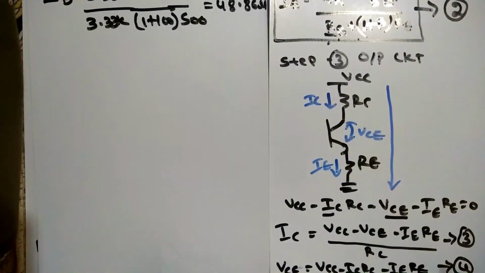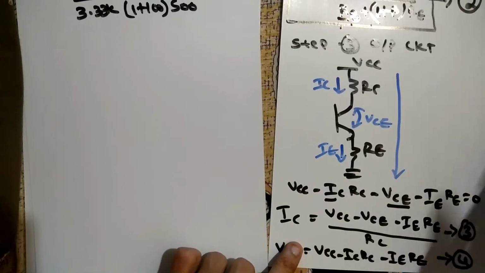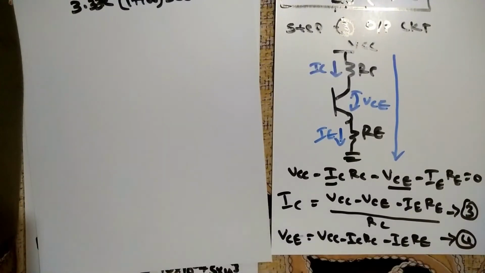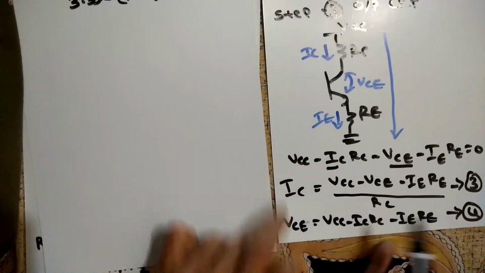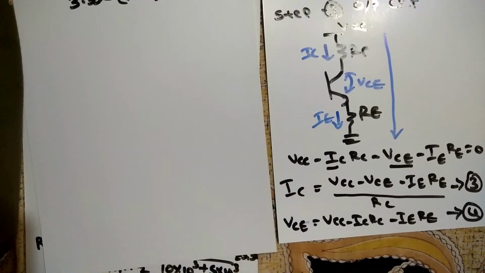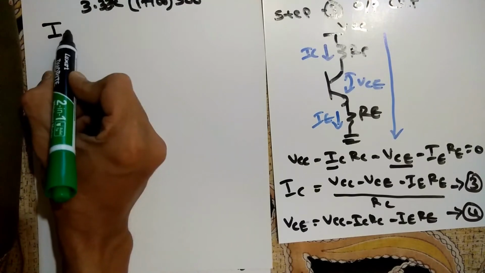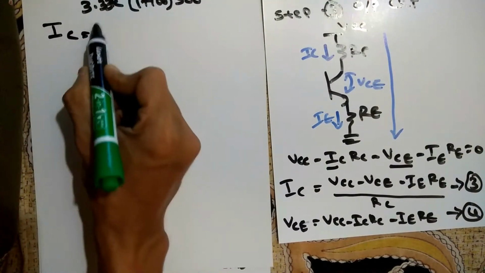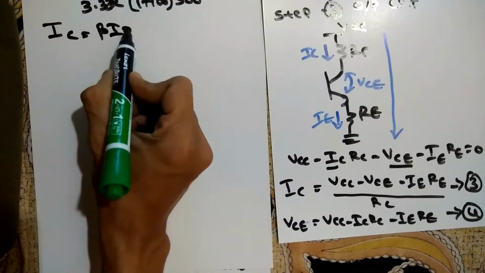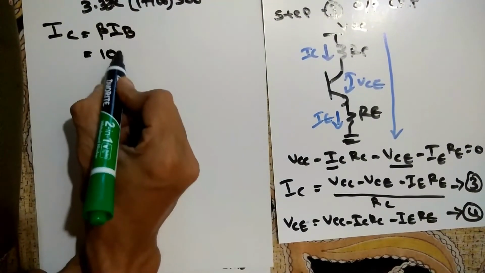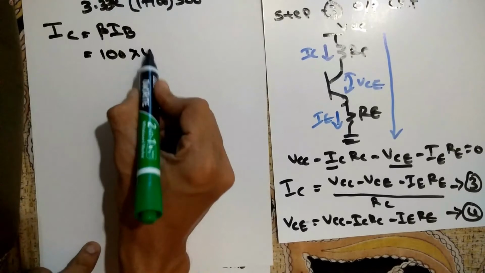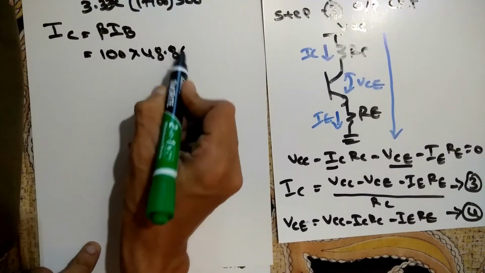If you know IB, we can find the other things, IC and VC. Now go for the IC technique. We can find IC using IB. We know that IC is equal to beta into IB, with beta 100 and IB 48.86 micro.